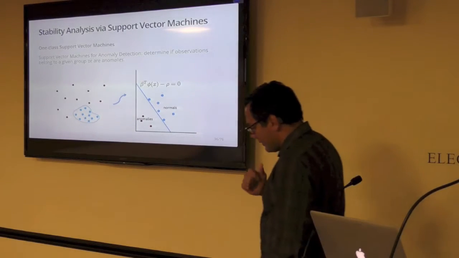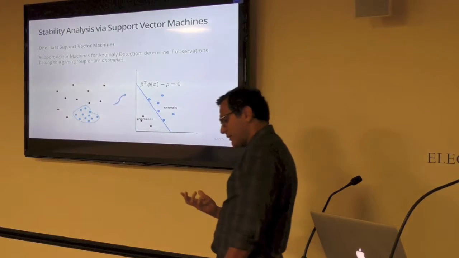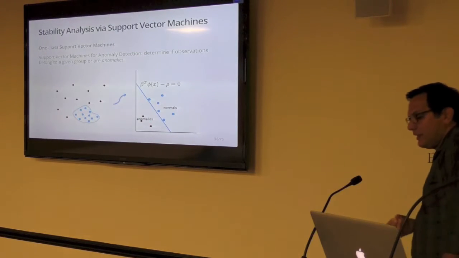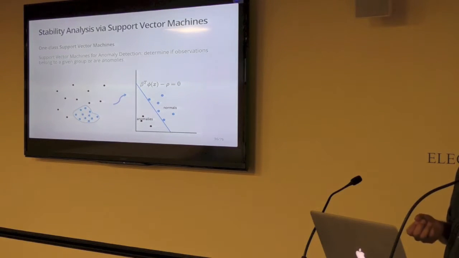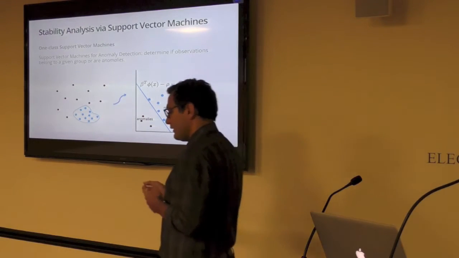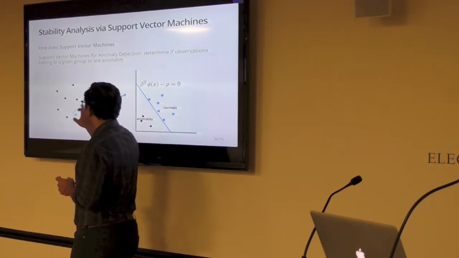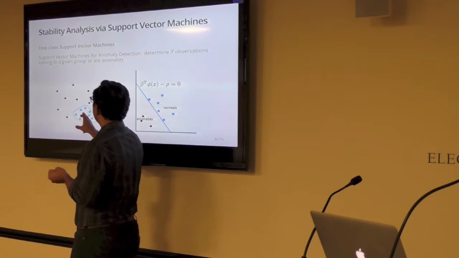So for those of you familiar with standard machine learning problems, one very classic problem is anomaly detection, where you have samples from one particular class, and you're trying to determine if a new sample belongs to that class or not. For example, you have observations from this blue class.